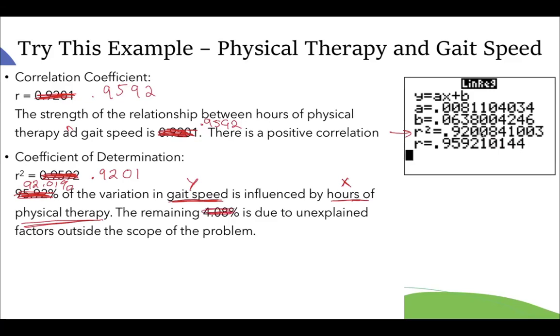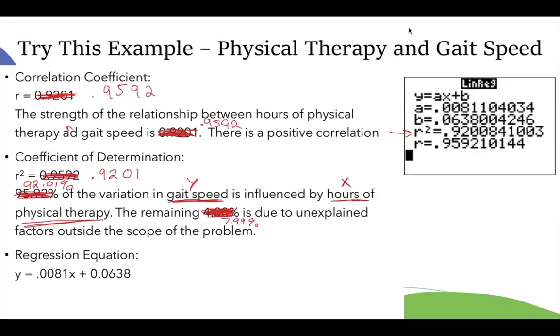It's not the remaining 4.08%. We're going to subtract 92.01 from 100. And that gives us 7.99. The remaining 7.99% is due to unexplained factors outside the scope of this problem.